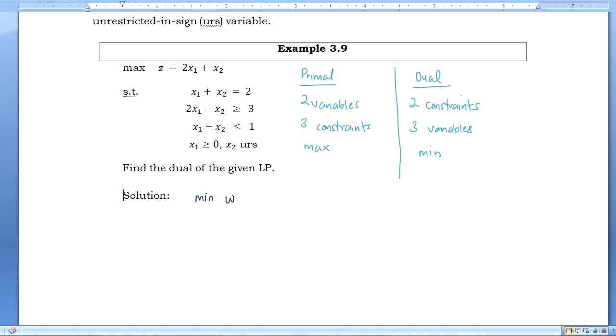Minimize W equals, we write down the variables involved in the dual, which are Y1, Y2 and Y3, subject to two constraints. So we have Y1, Y2 and Y3, Y1, Y2, Y3. And then this one is for the sign restriction.